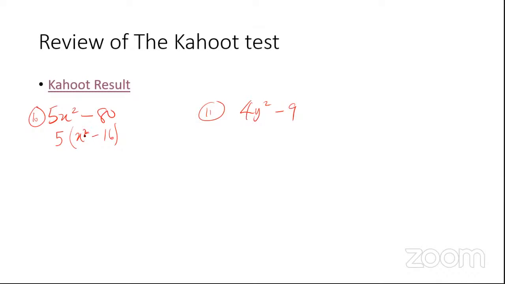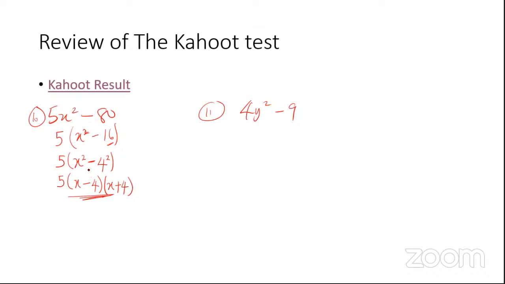When you see that this is a square, this one can also be expressed as a square. We all know that you can express 16 as a square, giving us x squared minus 4 squared. Anytime you have difference of two squares, to factorize it, you take x minus 4, with x to power 1 and 4 to power 1, then x plus 4. So it is 5 times x minus 4 times x plus 4. That's how you factorize that.